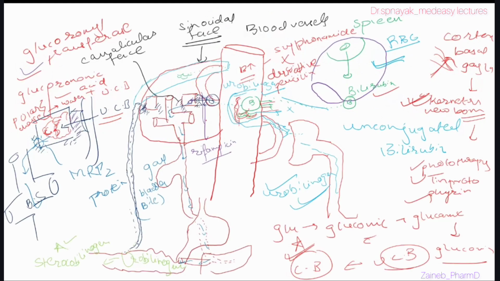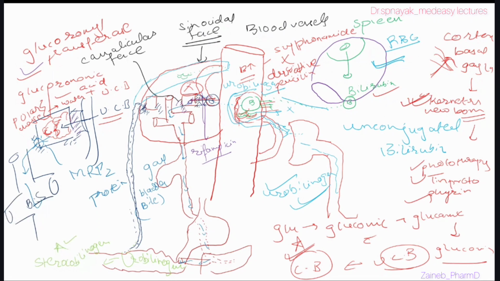As a result, the amount of unconjugated bilirubin in the circulation will increase, and will lead to hyperbilirubinemia, and will lead to jaundice. Here, the uptake into the hepatocytes is reduced. Okay.